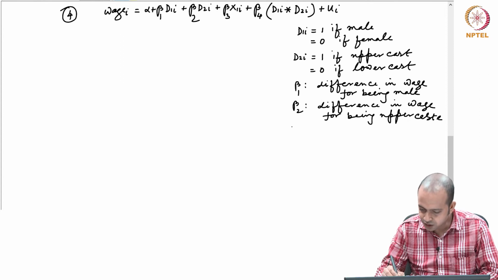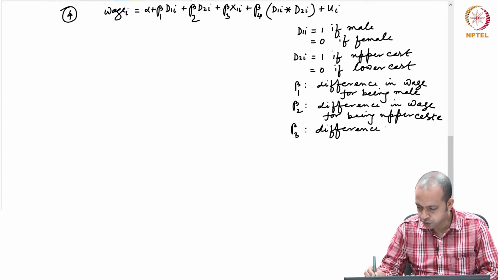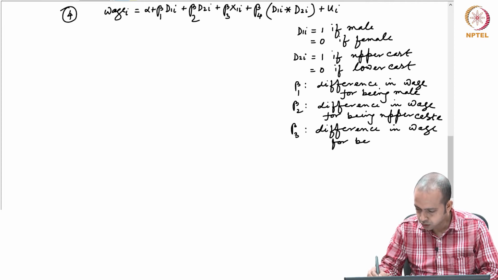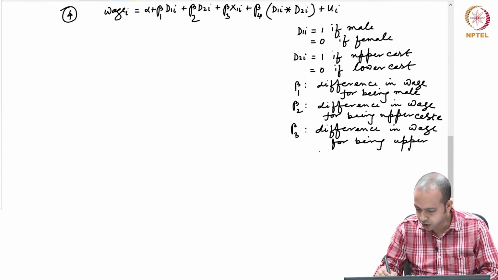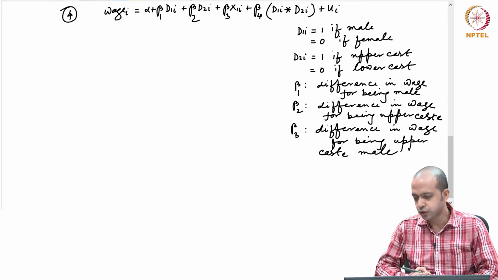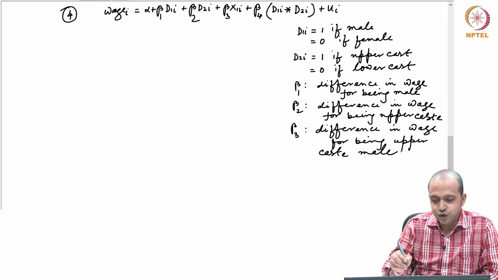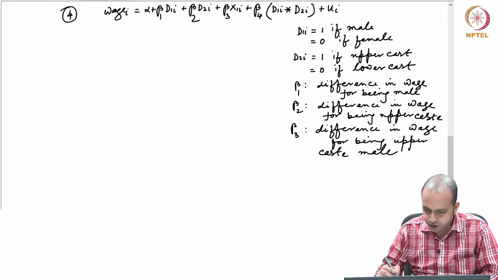Then what is beta 3? Beta 3 indicates the difference in wage for being upper caste male. Sorry, this is not beta 3, this is beta 4.